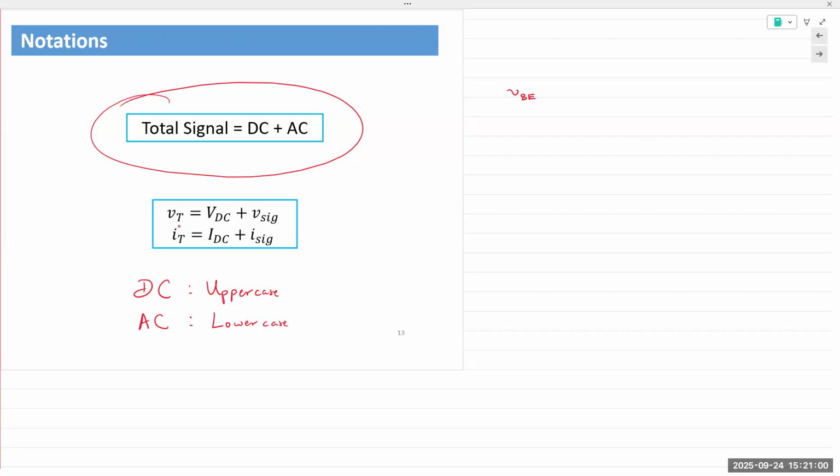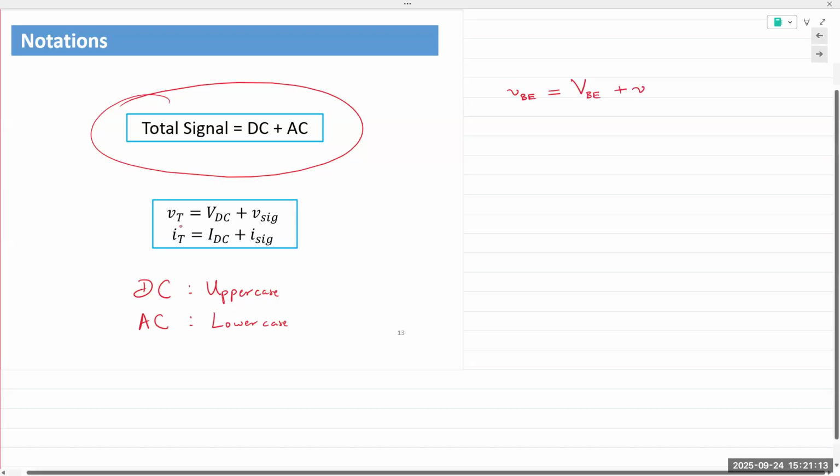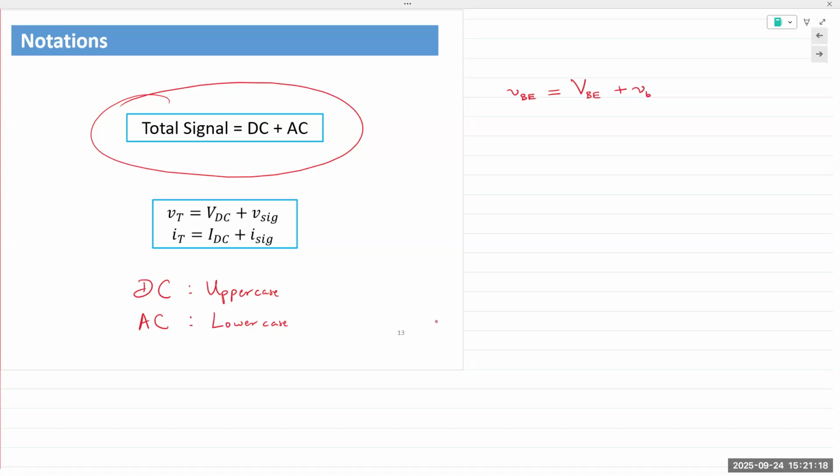And total VBE would be comprised of the DC value of VBE plus the AC value.